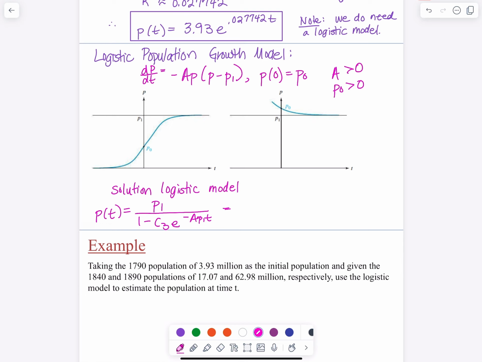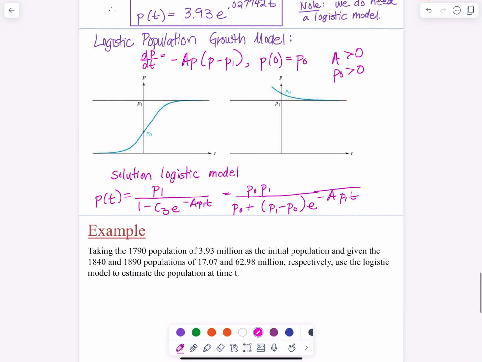Now that's the same thing as P naught multiplied by P1 divided by P naught plus P1 minus P naught e to the opposite of A P1 t.